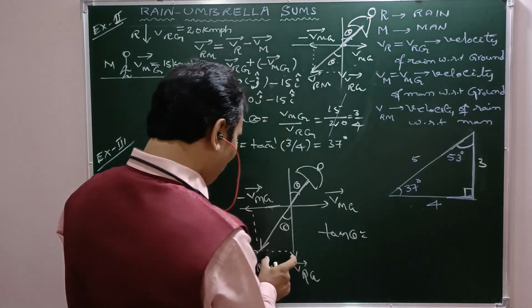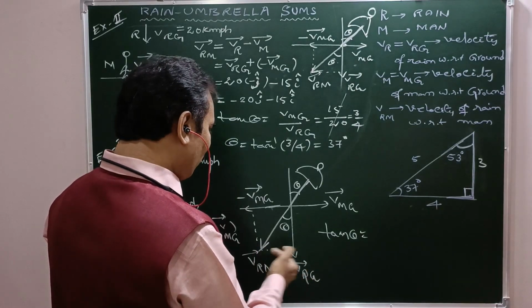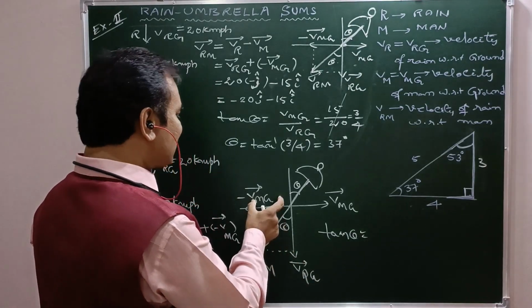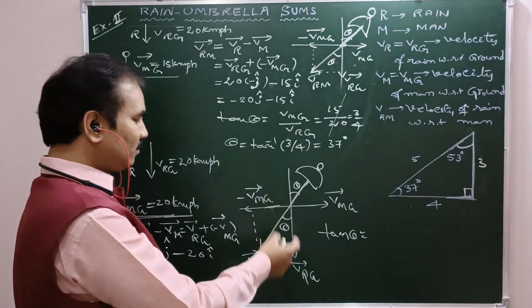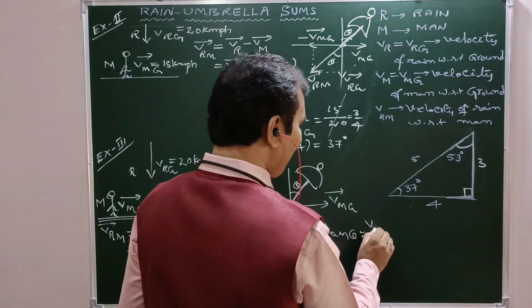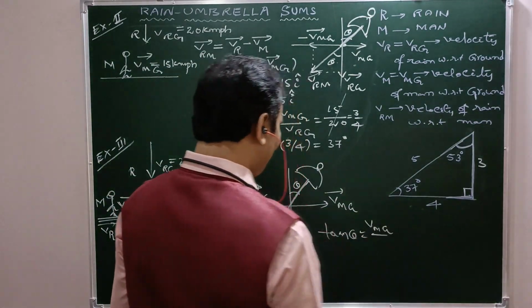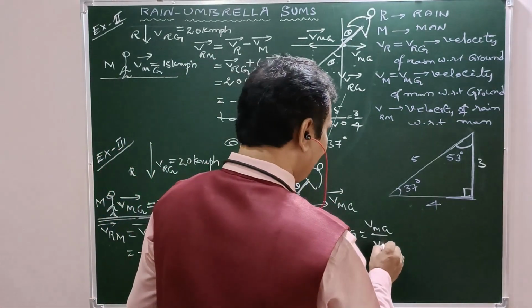again equals opposite side by adjacent side. What is opposite here? Opposite means minus VMG bar is there, but take magnitude only. That is VMG. I am taking magnitude VMG divided by adjacent side VRG.